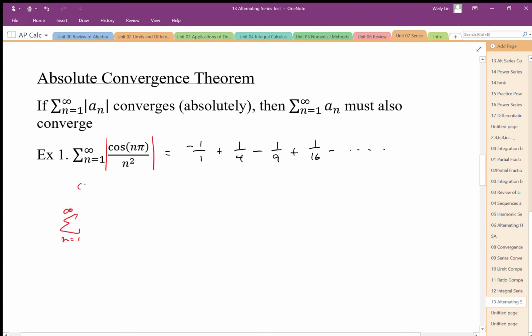So we're just going to say that is equal to 1. It's always going to be either 1 or -1 in the numerator. So we're going to test this by putting this into absolute value, and we're then going to compare this to a basel series. We know that this is convergent.